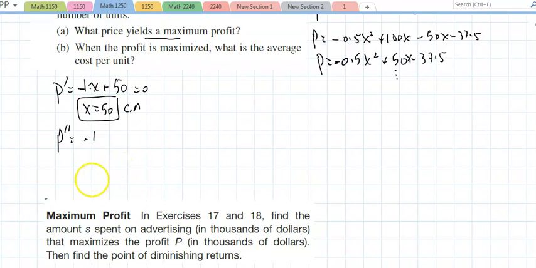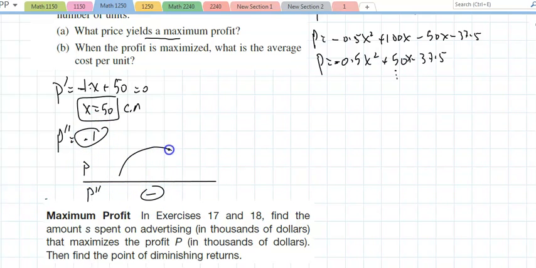And think about it. If a second derivative, no matter what you pick, it's always negative, then the function is concaving down. That makes this a maximum profit when x is 50. What do they want?